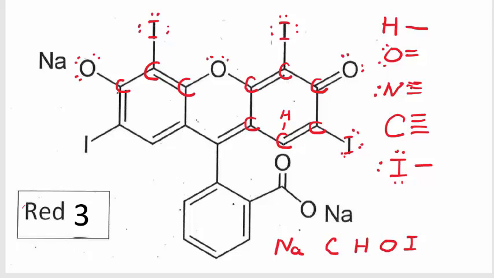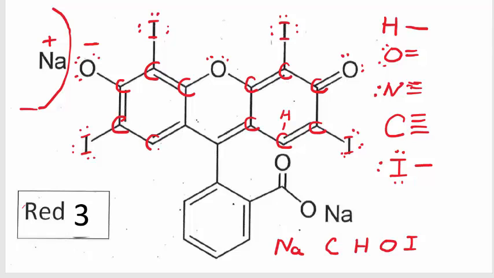This oxygen has only a single bond, meaning it has 3 pairs of electrons that are unshared. This is a negative charge. This atom of sodium is a positive charge, so these are attracted to each other. That's an ionic bond.